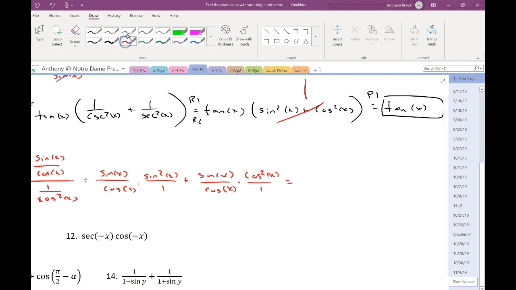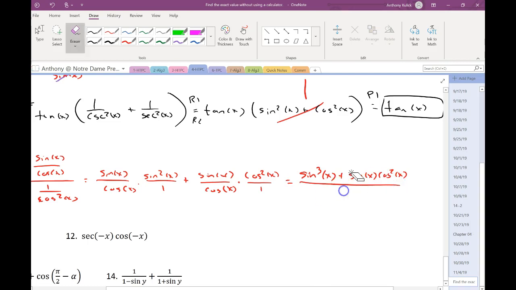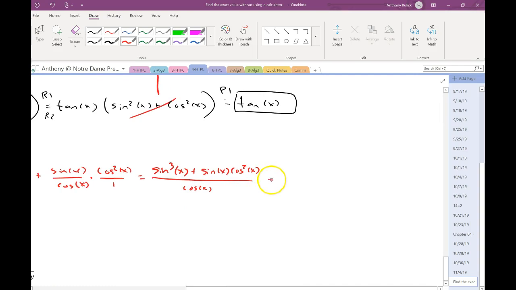Okay. So, if I do that, I get sine cubed plus sine x cosine squared x all over cosine. Everybody agree with that? Still chugging along. What do you want to do now? Keep that numerator. What do you see going on in there?